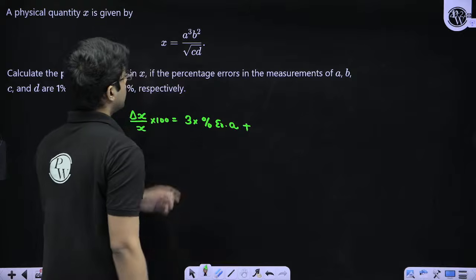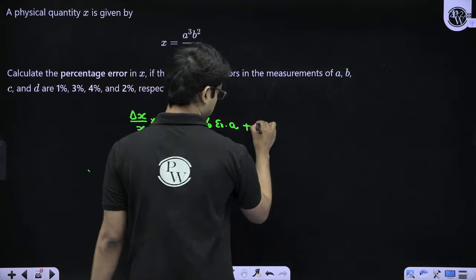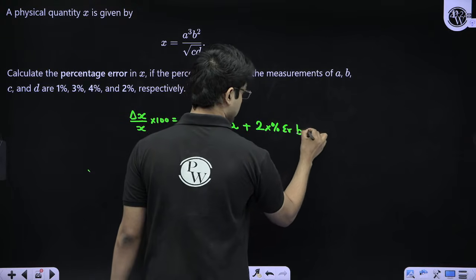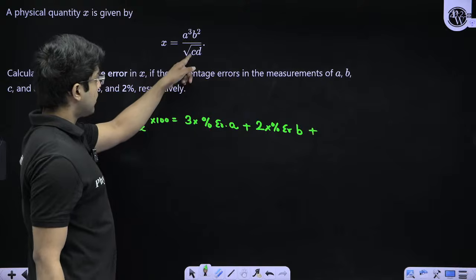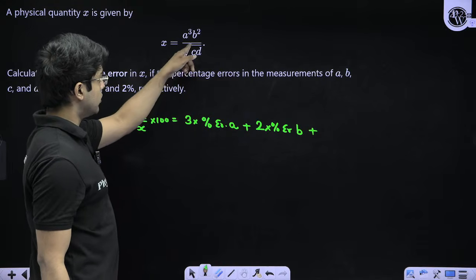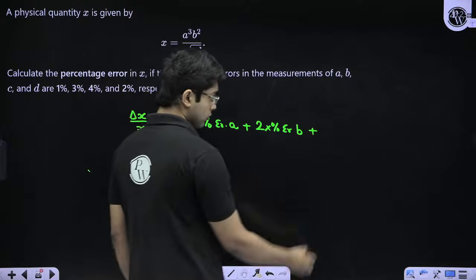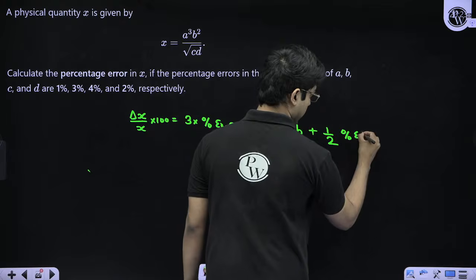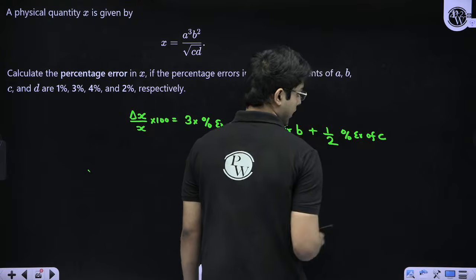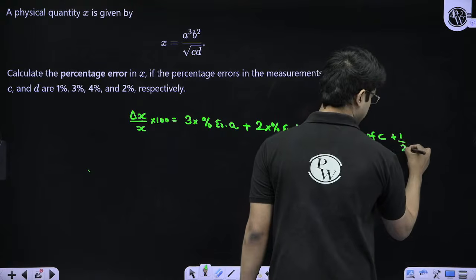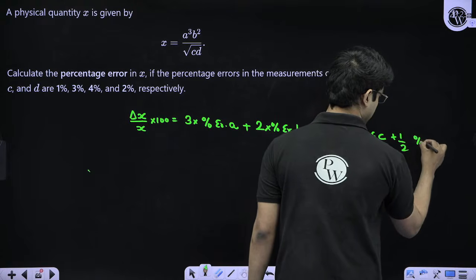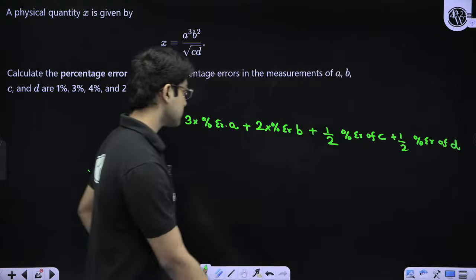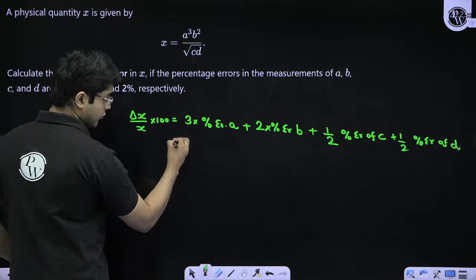plus power of b is 2, so this will be 2 into percentage error of b. What is the power of c? C is inside a square root, right? So power of c is half. So that half you will write here, half into percentage error of c, and d's power is also half, so half multiplied with percentage error of d. So write down the error relation.